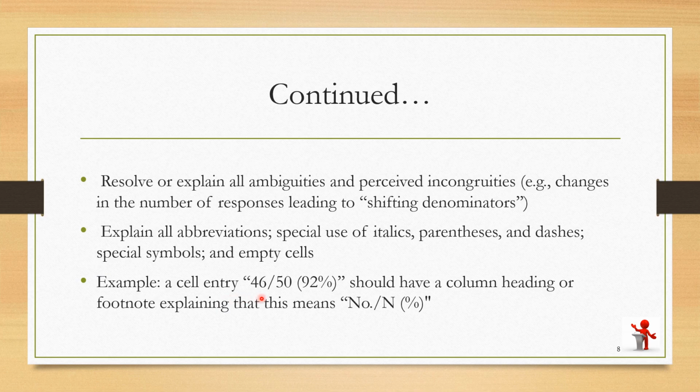Example, a cell entry 46 by 50, we can say 92%, should have a column heading or footnote explaining that this means number by n percentage.